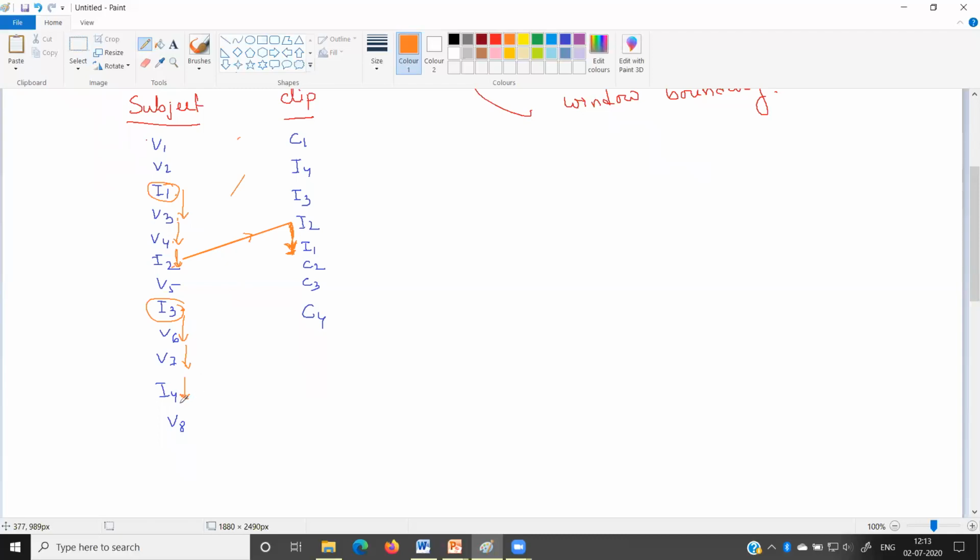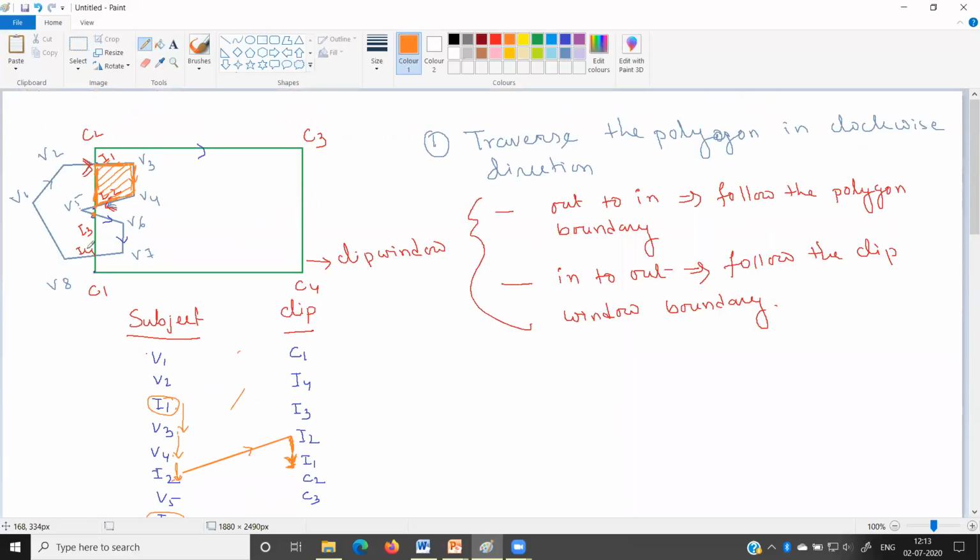And after stopping over here, what do we have to do? I have to traverse the clip window boundary. So from this I4, I have to traverse the clip window boundary. And how long will I traverse? I will traverse until I get the previous intersection point. You can see that before I4, the immediate intersection point was I3.